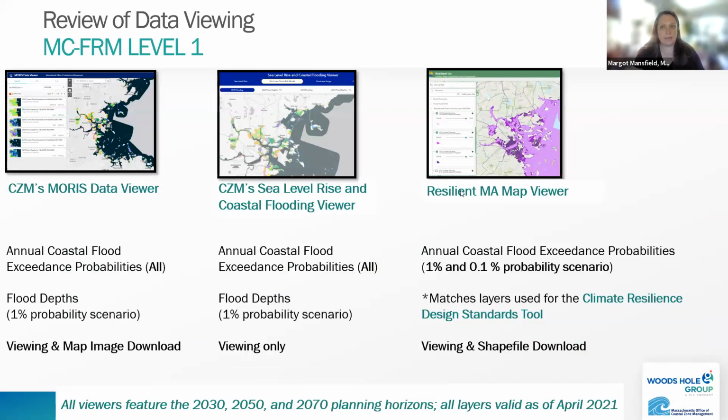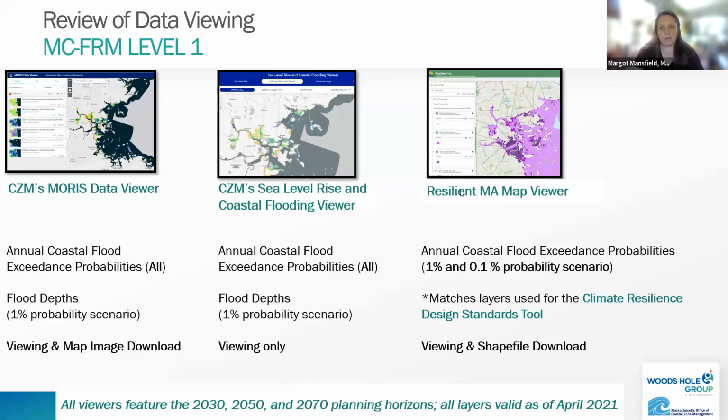What we have here is a summary slide letting you know which pieces of level 1 MC-FRM layers are available on each viewer. While you can download the raster map image layers from Morris, and you can download a shapefile of the footprint of the 2 select annual coastal flood exceedance probabilities listed on the Resilient MA viewer.